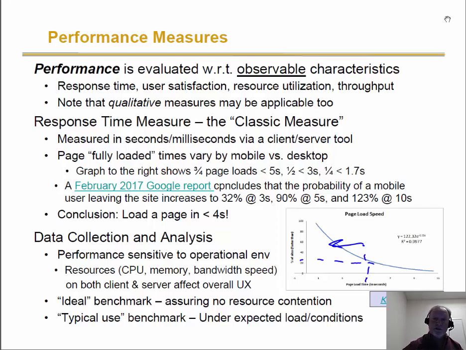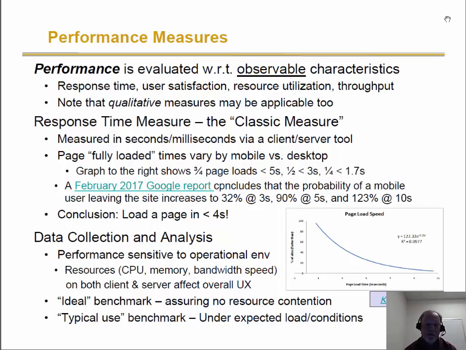There's a 2017 report from Google that they put out, particularly as they were getting concerned about mobile page load times. The poor quality of mobile device viewing of the web is an increasing concern to mobile vendors because we still get a lot of our content from the web, not necessarily from proprietary apps.